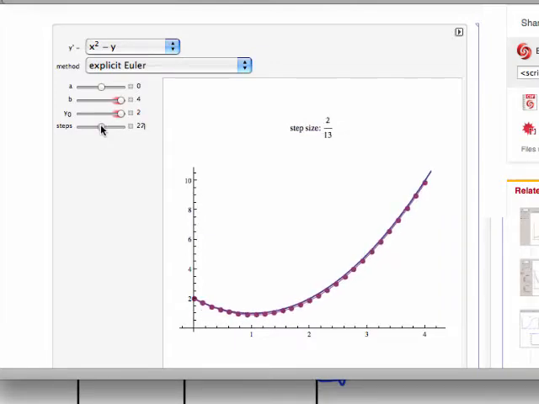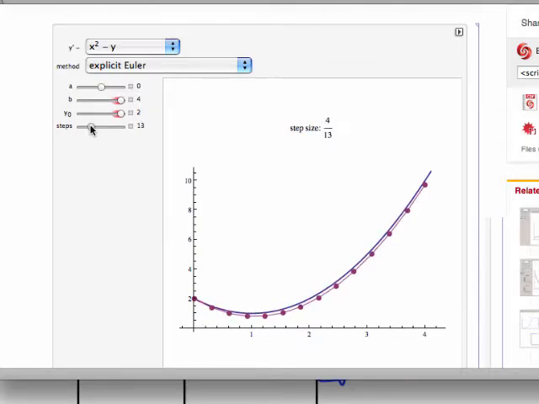Remember that you use Euler's method to approximate the solution to a differential equation. We wouldn't actually know that the solution was the blue curve unless we were able to do this algebraically. But through Euler's method, we can get a pretty good estimate, what you see in purple, to what the actual curve is by taking smaller and smaller intervals.